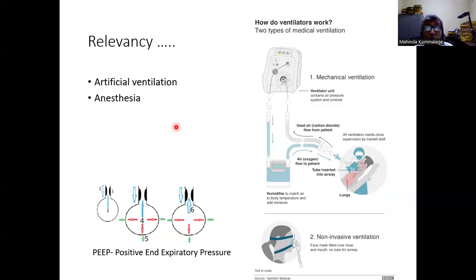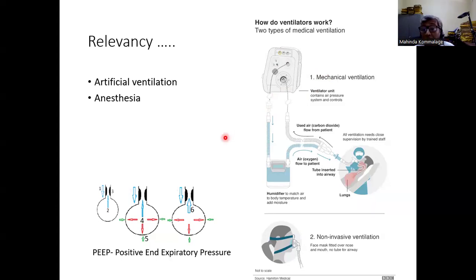We can manipulate the mechanism, all the volumes and rates, when we connect a patient to a ventilator. Therefore, the mechanics of ventilation is important when you are managing patients connected to a ventilator.